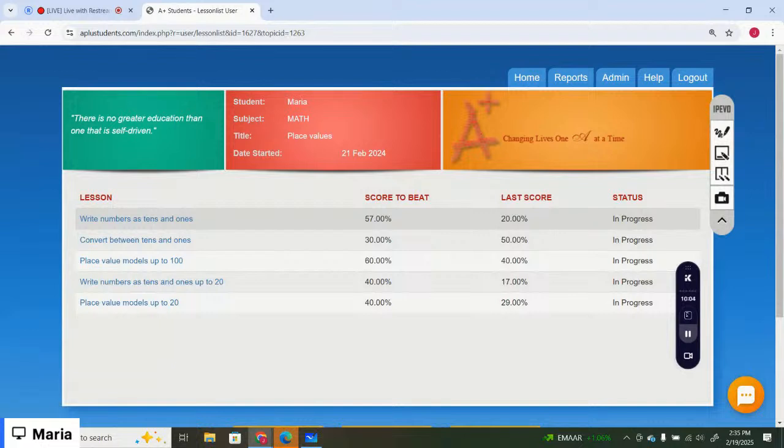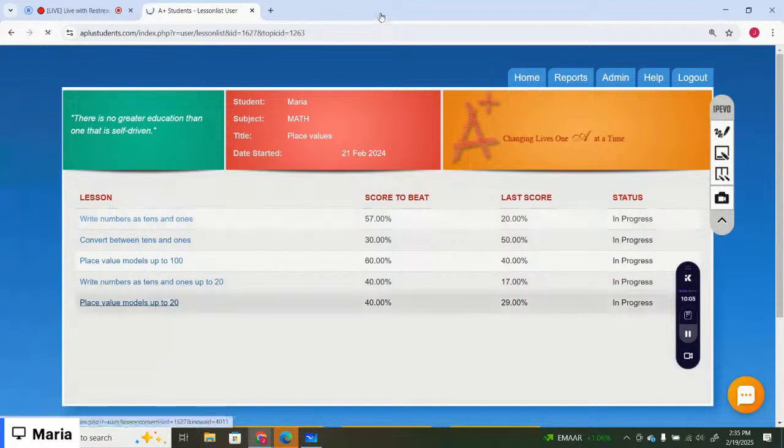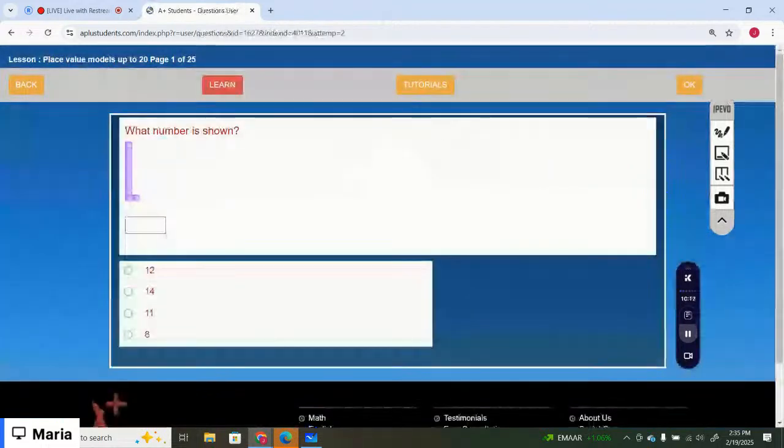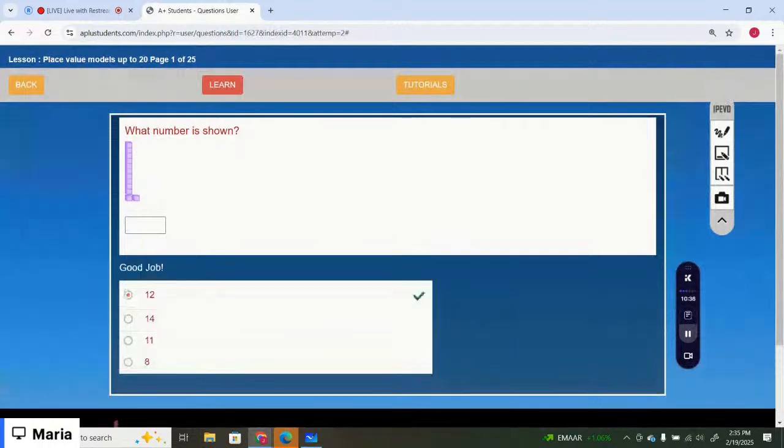Place value models up to 20. Let's just start with the test questions. What number is shown? That is 1 ten and 2 ones. Option number 1 is the correct option, that is 12.